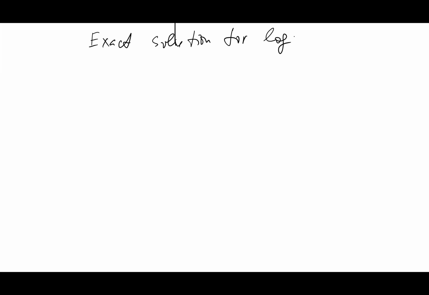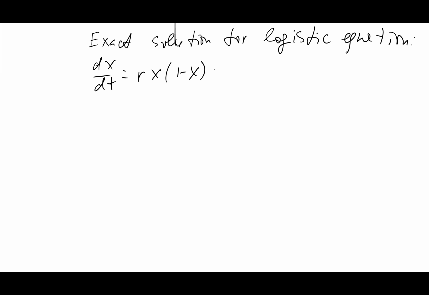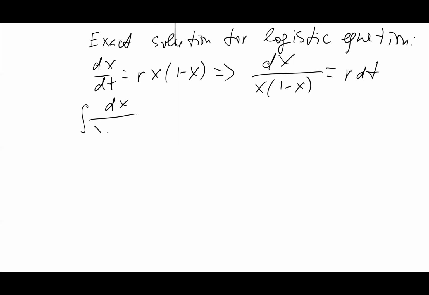Logistic equation. So again, dx over dt is r x times 1 minus x. We can separate variables. It will be dx over x times 1 minus x equals r dt. Then the integral of dx over x times 1 minus x will be equal to the integral of 1 over x minus 1 over x minus 1 dx.